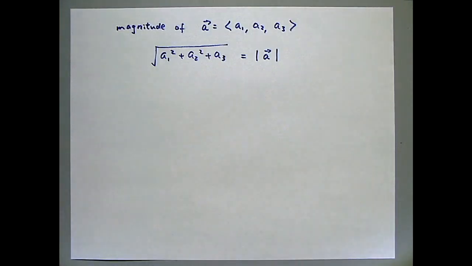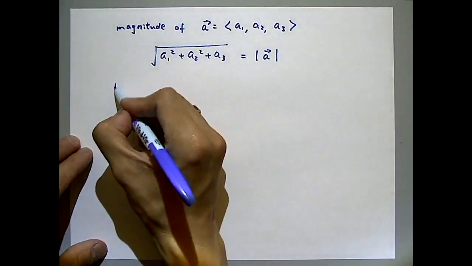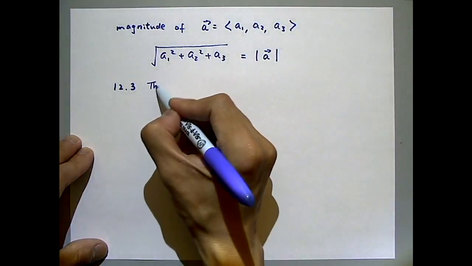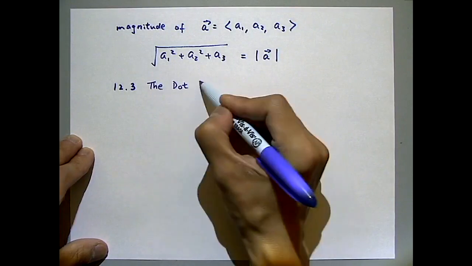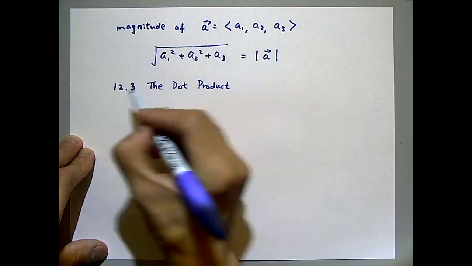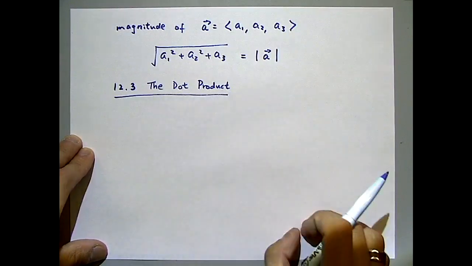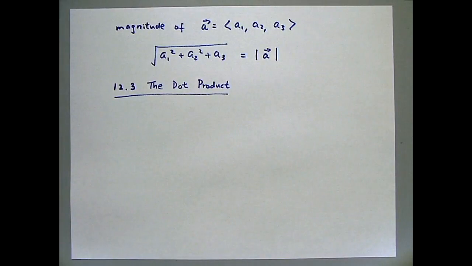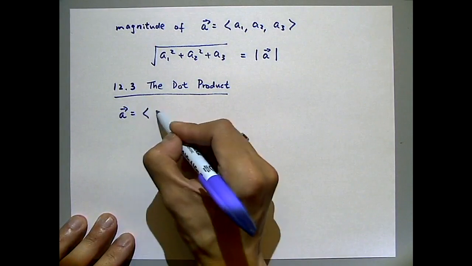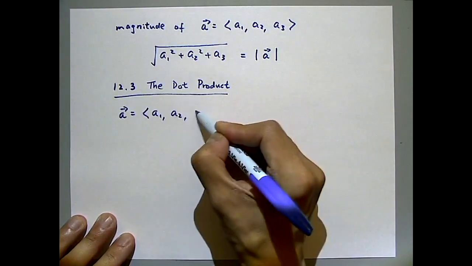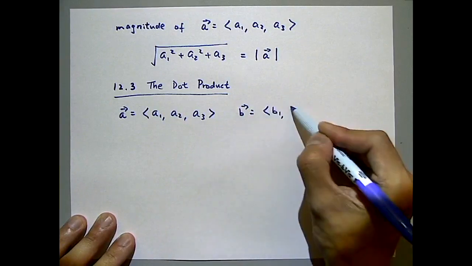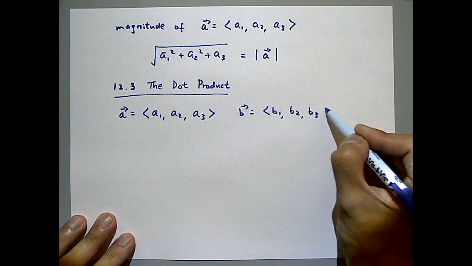Of course, there's more to vectors, but for example, in 12.3, you saw the dot product. So suppose I got 2 vectors, A1, A2, A3, and B is B1, B2, and B3.